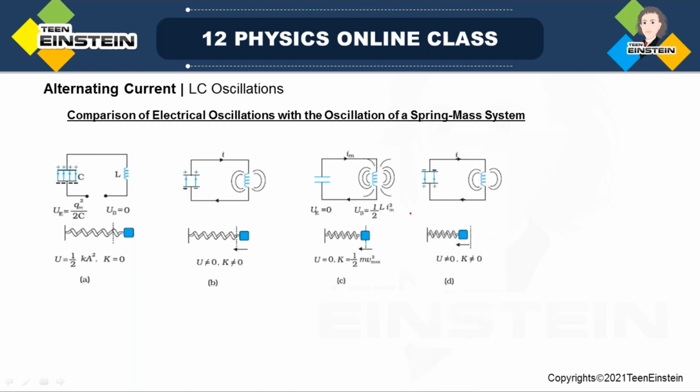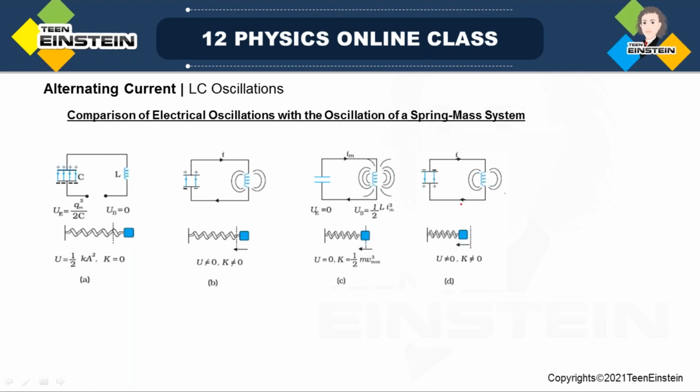Now the situation will change. Here the capacitor was fully discharged, and now the current is flowing in the circuit by the inductor. What will happen? The magnetic energy which was stored in the inductor will now be reducing, or spent.